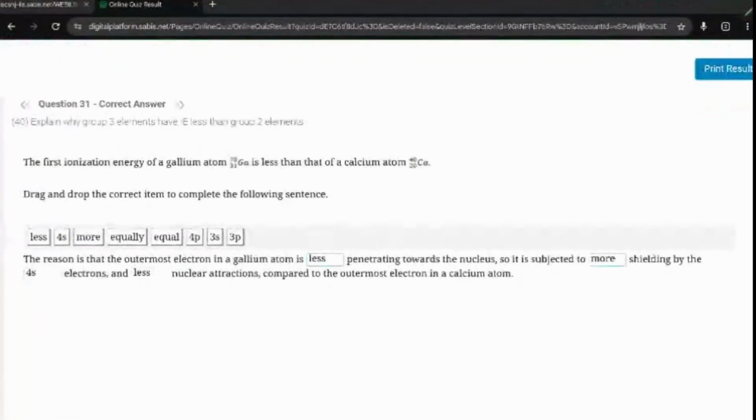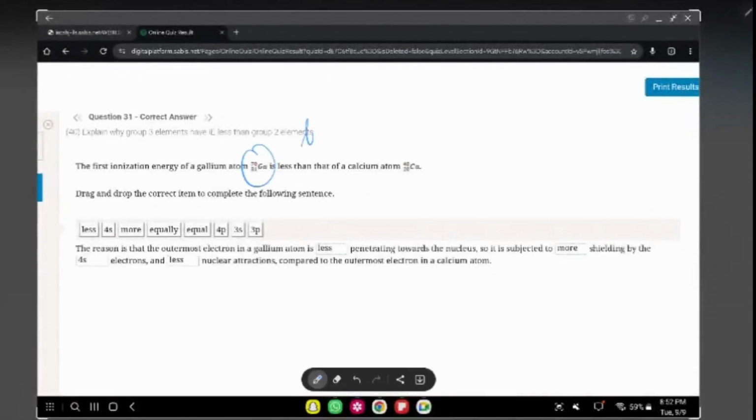Now over here, gallium is going to have less ionization energy because in its electronic configuration, 1s2, 2s2, 2p6, 3s2, 3p6, 4s2, 3d10, 4p1, its final shell is 4p1.